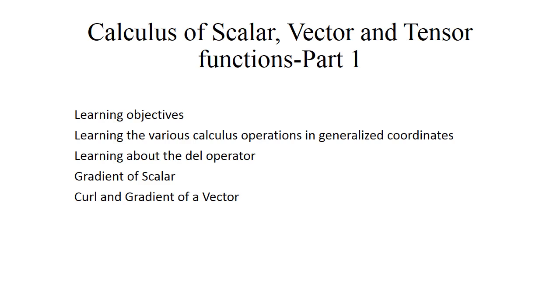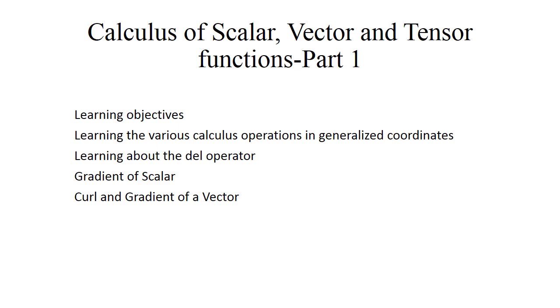Now the next two objectives are specific: gradient of a scalar. This you might have learnt in some mathematics courses offered by the applied maths department. So in vector calculus you might have done gradient of a scalar.